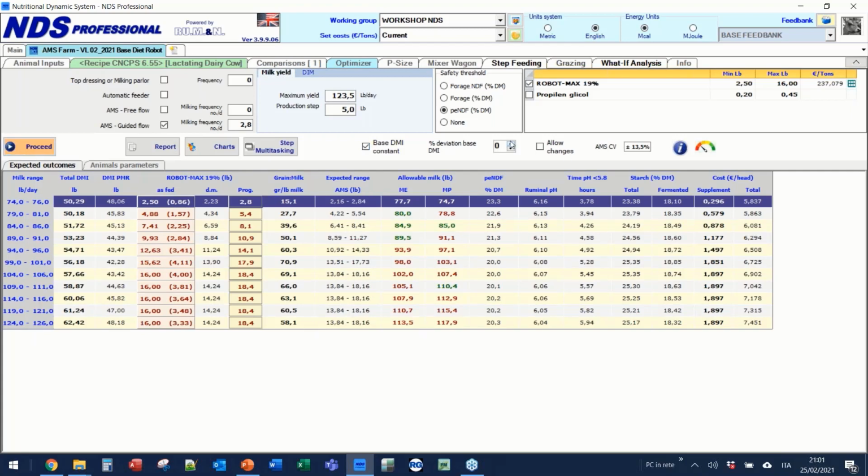What I'm asking the computer to do right here is to keep the PMR constant, but it can deviate up to 5%. So go ahead and run it again. And we're just using the robot pellet, not the propylene glycol. Yeah. Can you see here that it is not checked, so it is working only with one pellet.